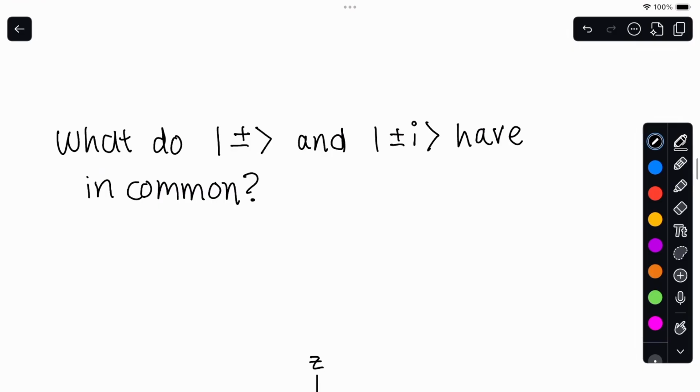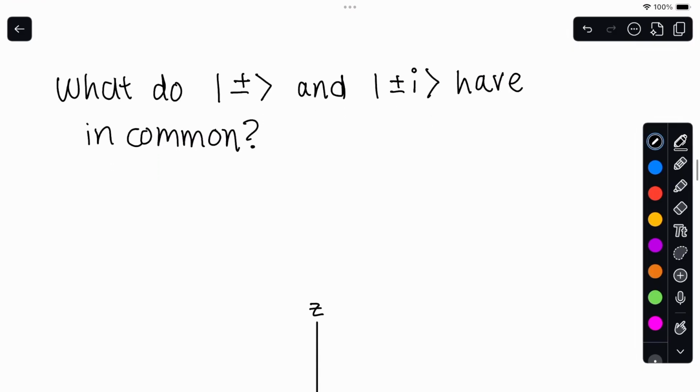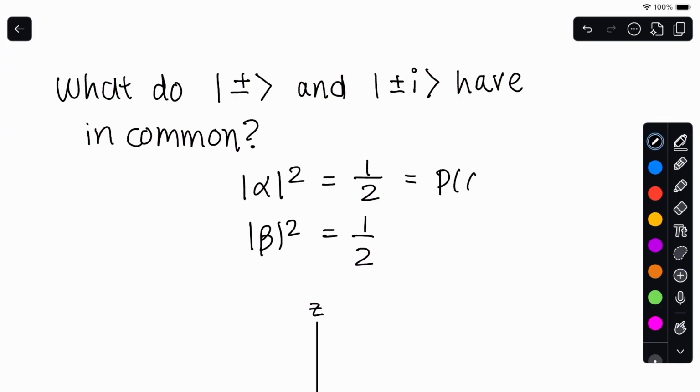So one thing that we could ask is, what do the states plus and minus i have in common? Well, for all of them, the amplitude of the first coefficient squared is 1/2, and the amplitude of the second coefficient squared is 1/2. And this is the probability of measuring 0, and this is the probability of measuring 1.